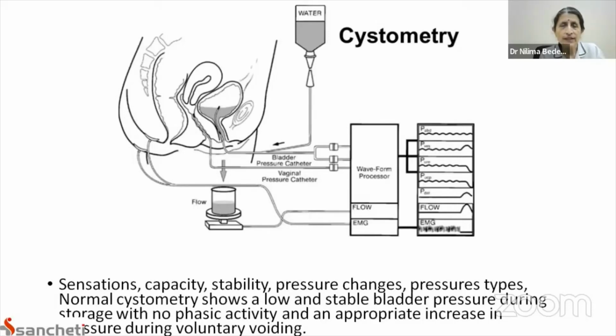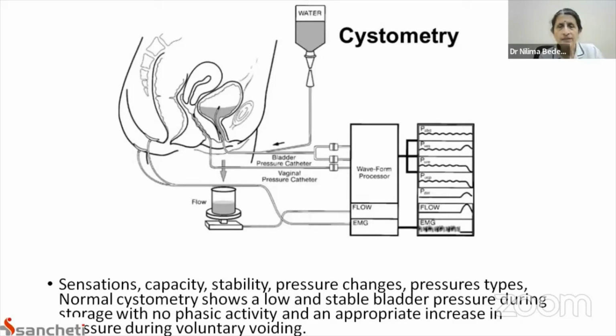So with this rate and the pressure, the person is then asked to say when the person feels the bladder is now full. The fluid or the water is being put into the bladder. So these pressure changes are being noticed. During the storage phase, the bladder is normally stable. So there is no pressure change observed.